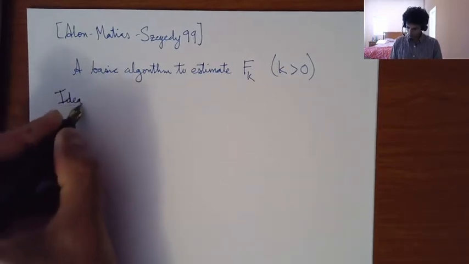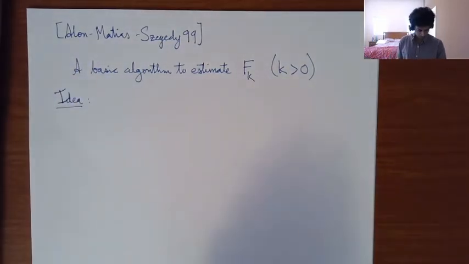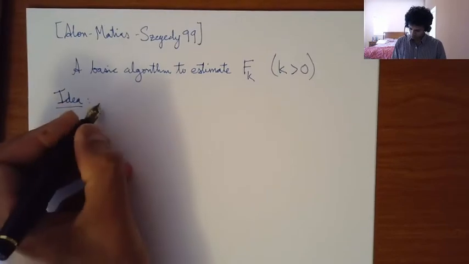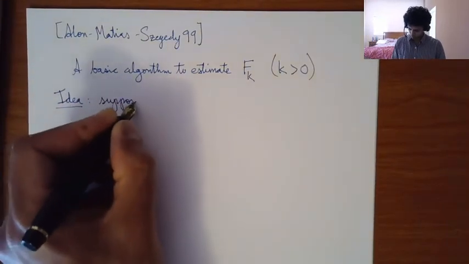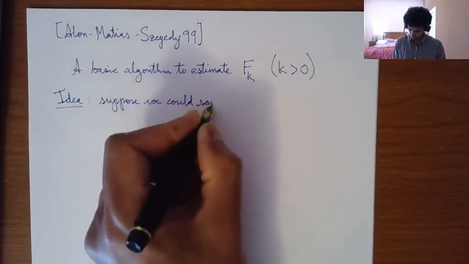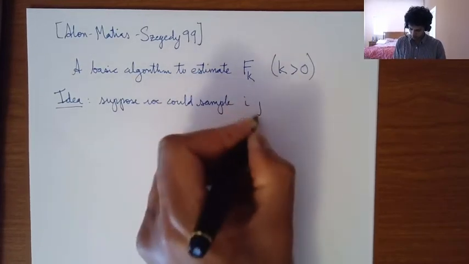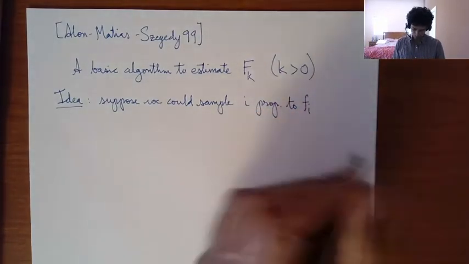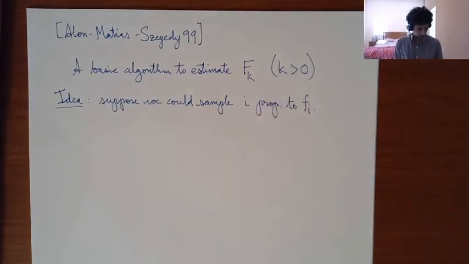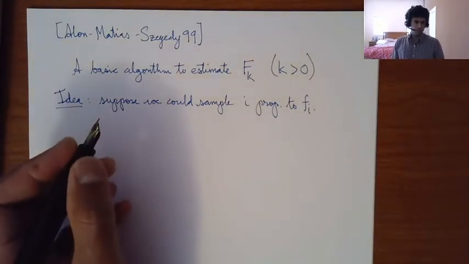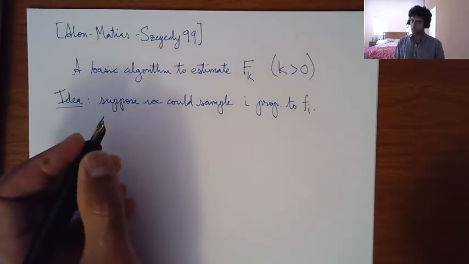So the idea is actually quite simple, and let's start with some kind of reservoir sampling type approach. Suppose we could sample i proportional to fi, and we could try to use reservoir sampling to do this. But let's put the reservoir sampling aspect aside, because that's going to introduce a technicality.